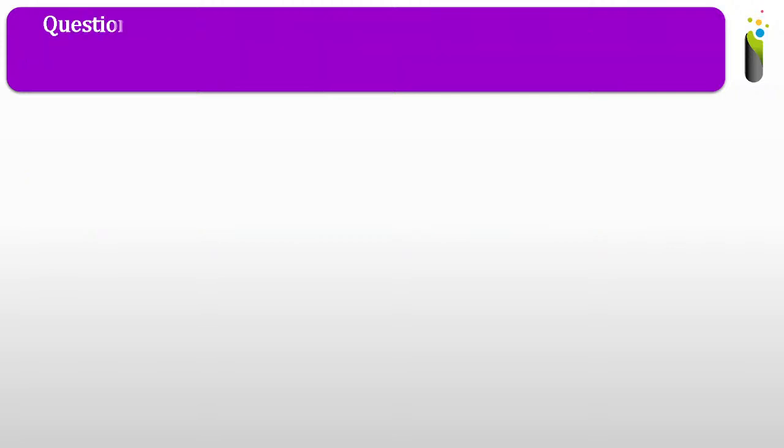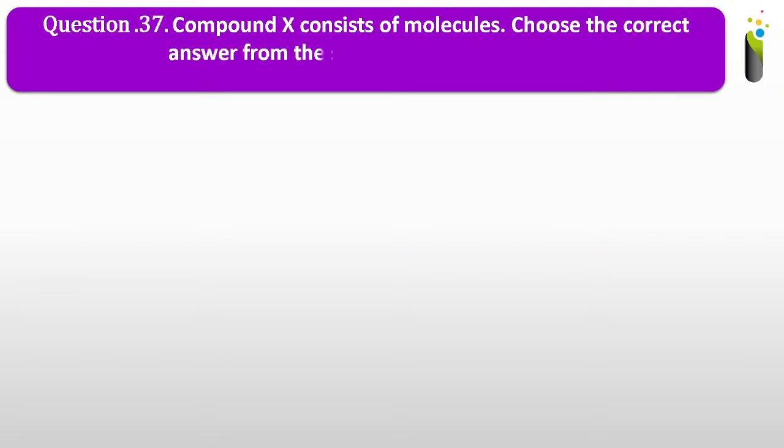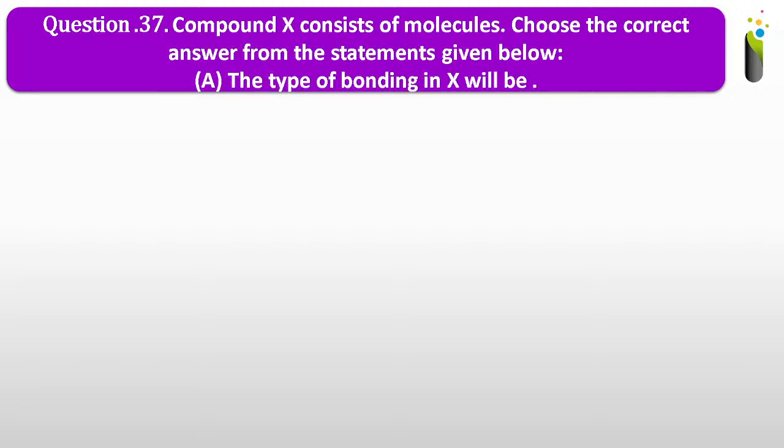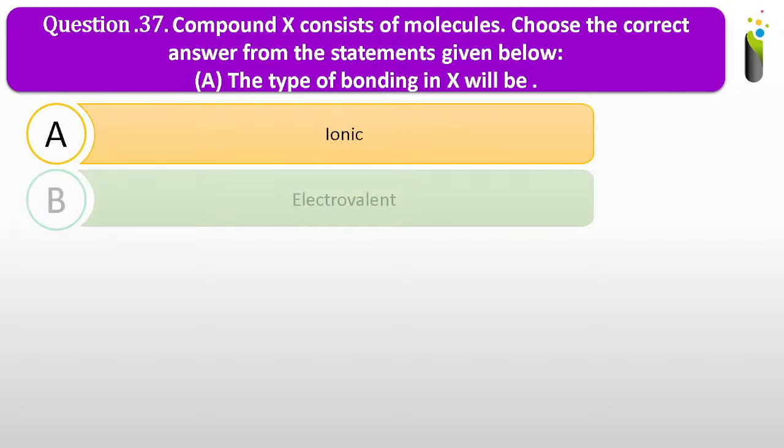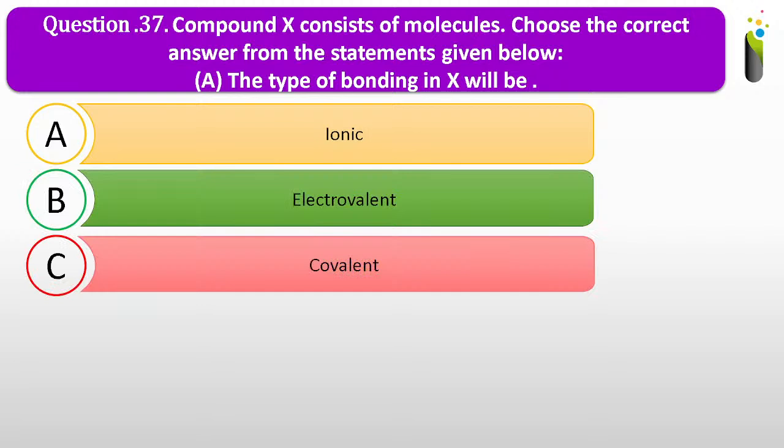Question number 37. Compound X consists of molecules. Choose the correct answer from the statements given below. A. The type of bonding in X will be dash. A. Is it ionic? B. Is it electrovalent? C. Is it covalent? D. Is it molecular?